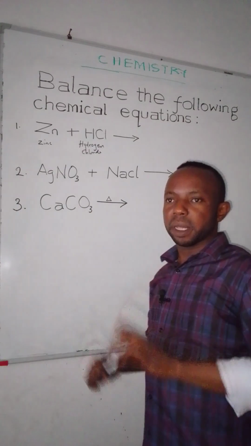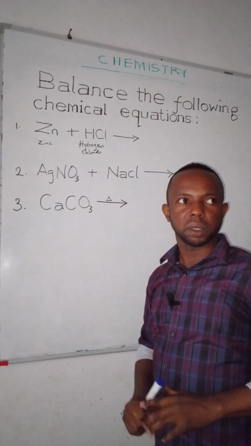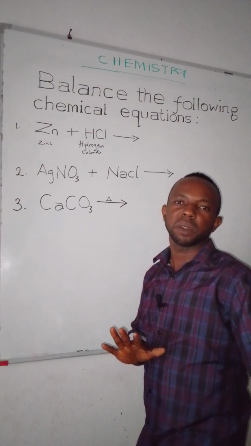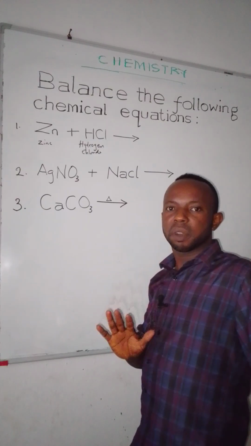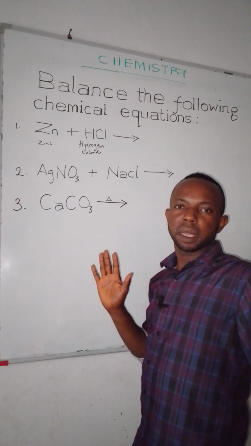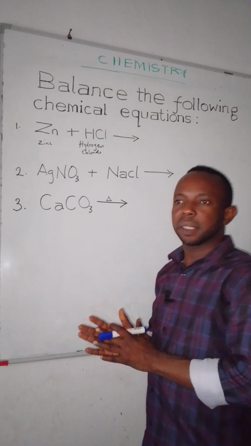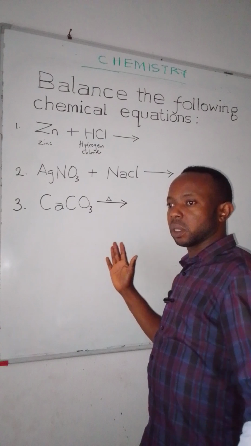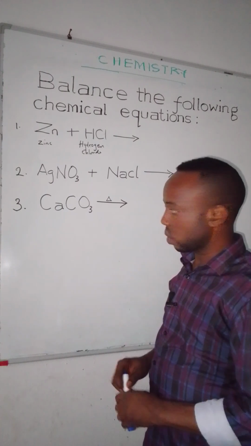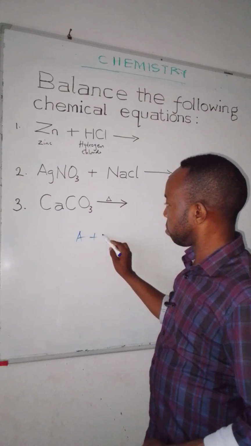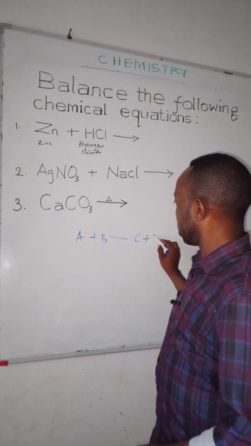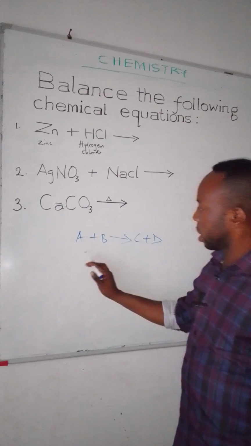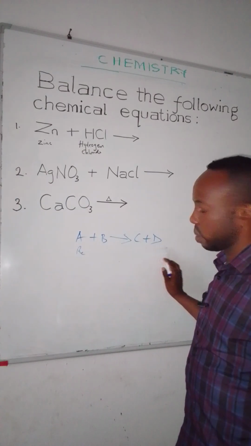Now let's start by defining what a chemical equation is. A chemical equation is a symbolic representation of a chemical reaction in the form of symbols and formulas, wherein the reactant species are kept on the left-hand side, while the product species are on the right-hand side. So if we have A plus B giving us C plus D, separated by an arrow, this side is called the reactant, this side is the product.